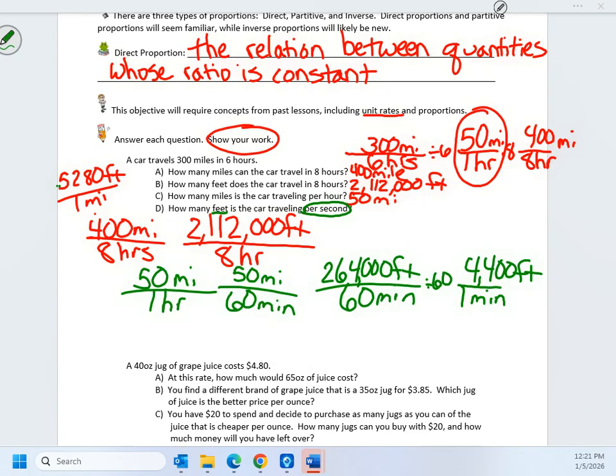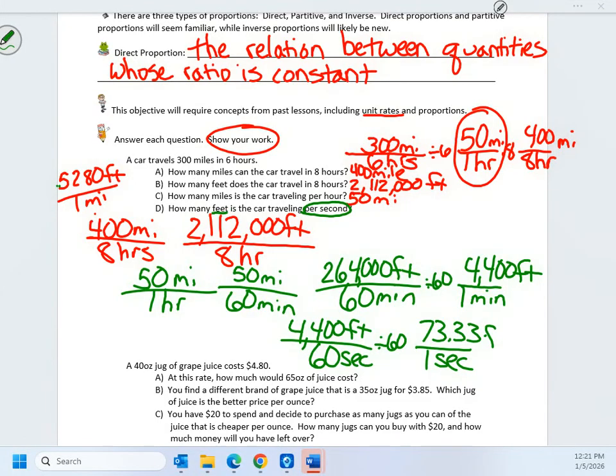Okay, so we've got 4,400 feet in how many seconds? 60 seconds, because 1 minute, we know we can convert to 60 seconds. How do we go down to 1 second, Ellie? Divide it by 60. So that'll bring us down to 1 second. What's 4,400 feet divided by 60? Finley? 73.33 feet.